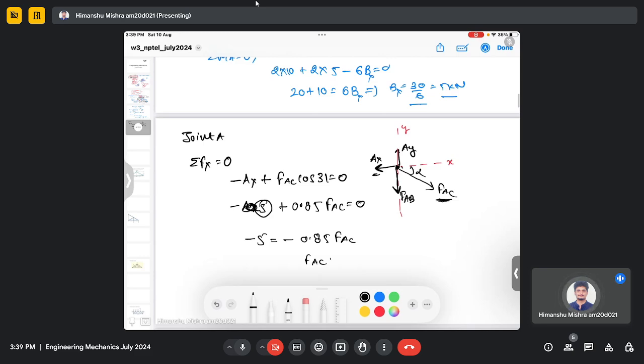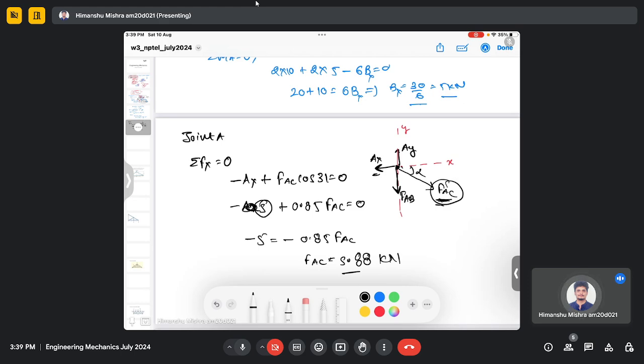So FAC will be 5.88 kilonewton. So you get the positive 5.88 kilonewton, which means that you don't need to change the direction of force AC. So your assumed direction is right.